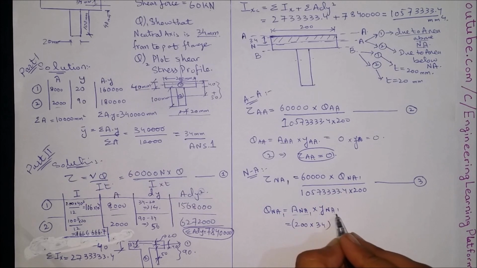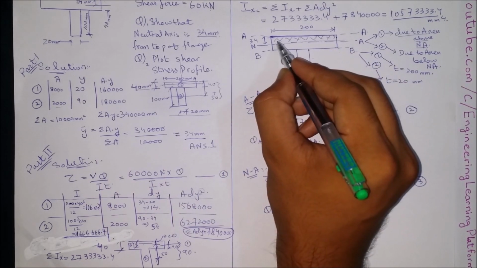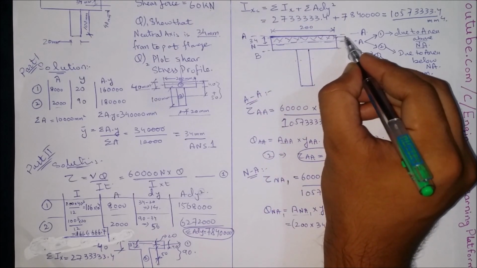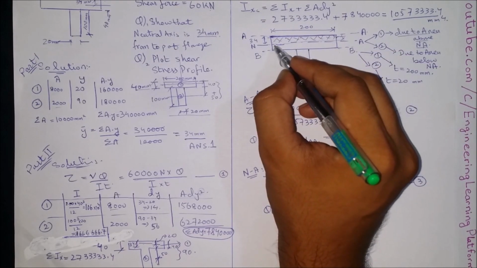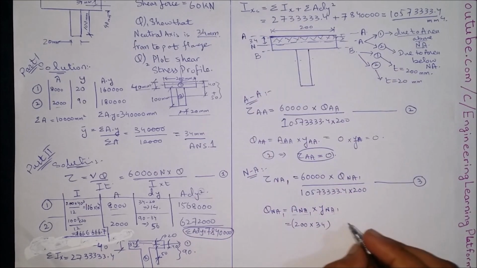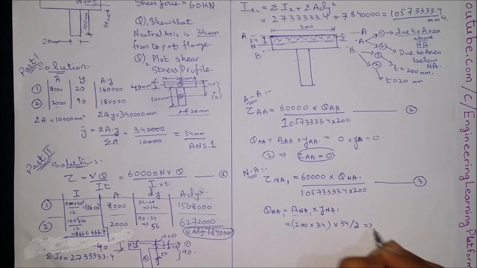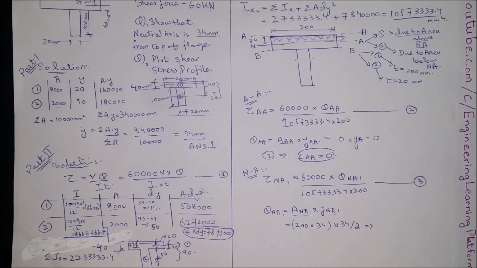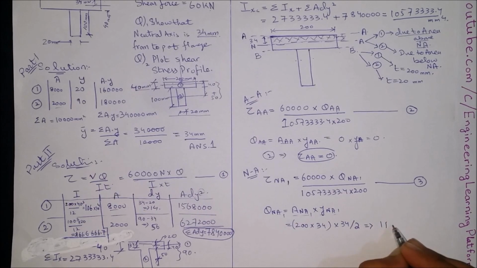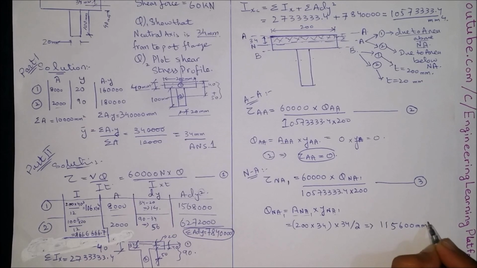Now the Y bar part is interesting. The shaded area's centroid distance to the whole body centroid will be simply the rectangular centroid, as it would be 34 divided by 2. That comes out to be 115,600 millimeter cube.